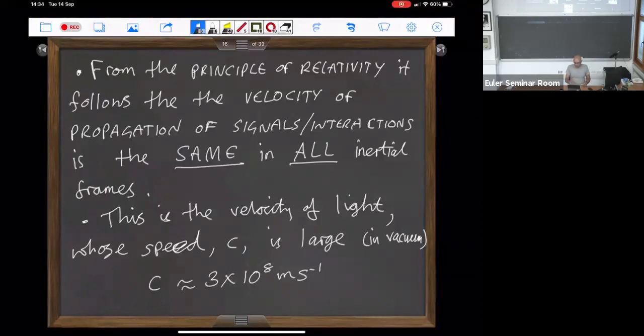But the reason that we are, well, there are many reasons why relativity is important. One of them is that we want to understand the structure of matter at very small scales, and the only way to probe very, very small scales directly is through extremely high energy experiments, such as those going on at the Large Hadron Collider.